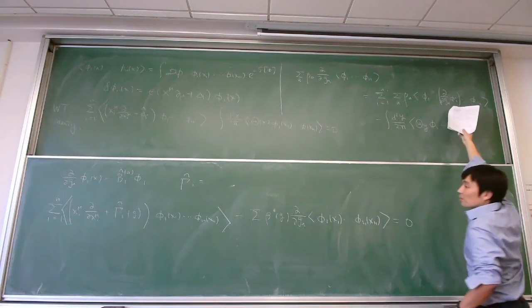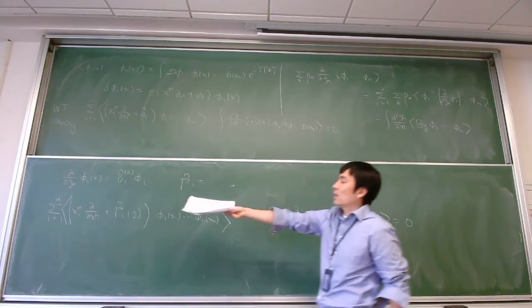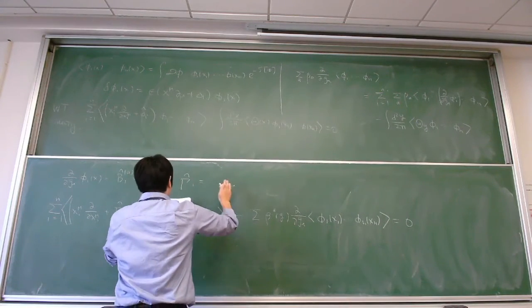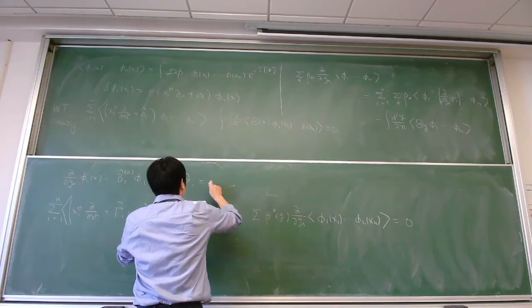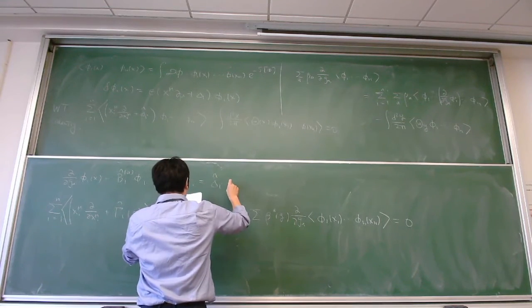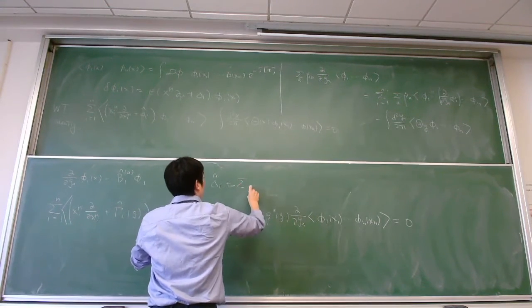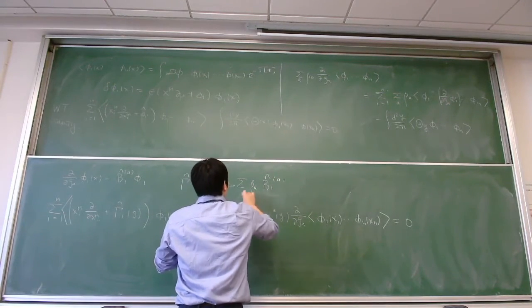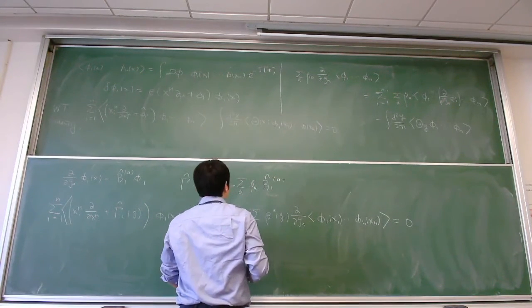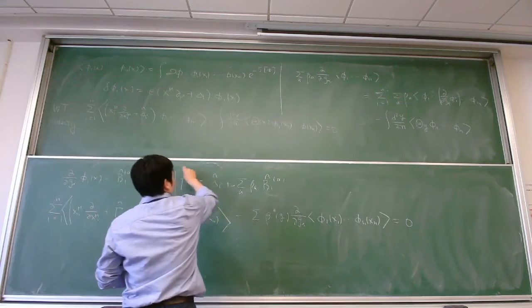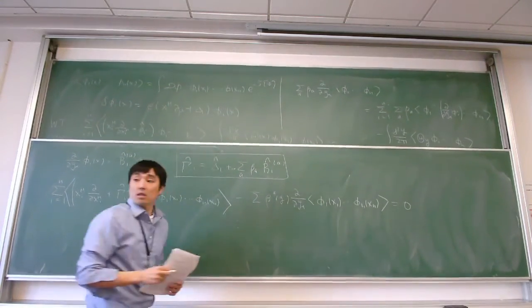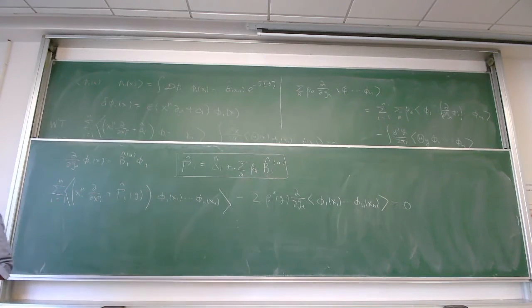Here the delta hat of I can be understood by combining delta I and this other term, which can be written as gamma I A hat. So you just combine them: delta I hat plus the sum of beta A and gamma I. Any questions so far?